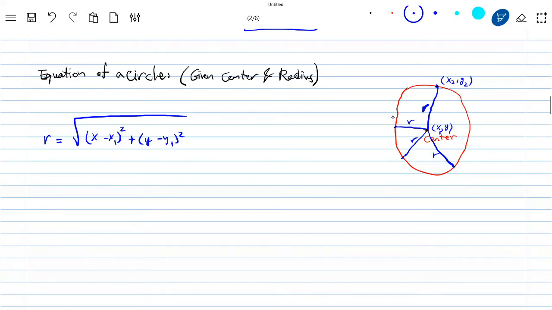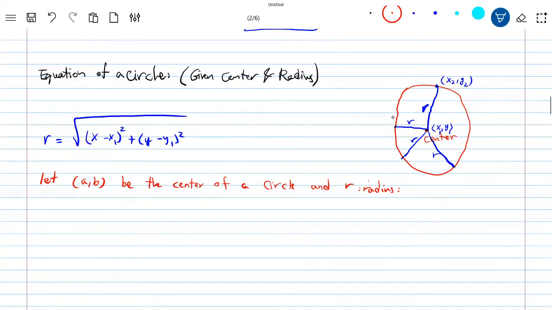So sometimes instead of writing it as x1, y1, they say let a and b be the center of a circle, and let r be the radius.